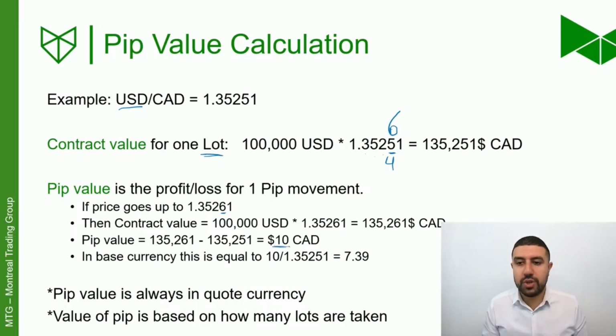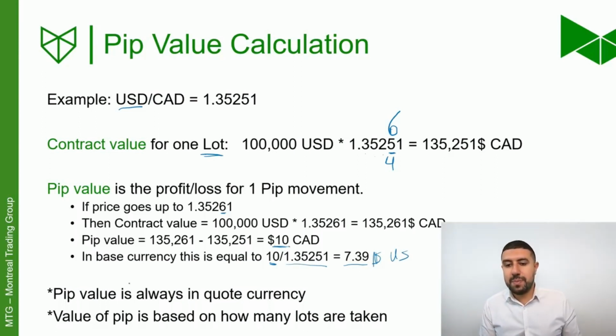Now, if you want to know how much you made in the base currency, in USD, all you would have to do is divide the $10 by the exchange rate, which in this case would have given you $7.39 in US. Now, when we're talking about pip value, it is calculated in the quote currency. But if you want to look at it in the other currency, you can do that.